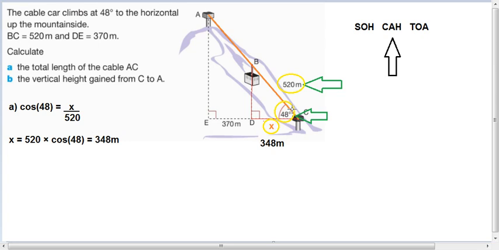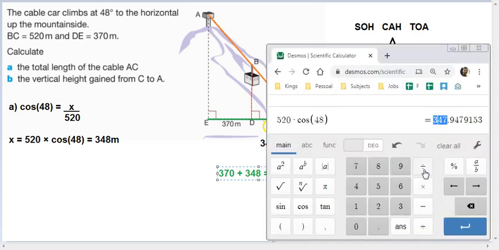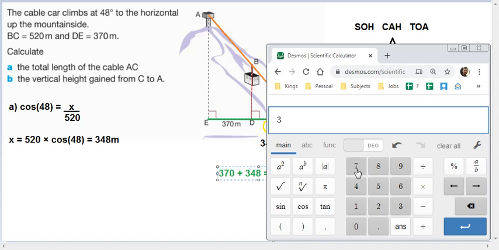So the whole side here, the side that I'm gonna highlight in green, is going to be the sum of 370 plus 348.